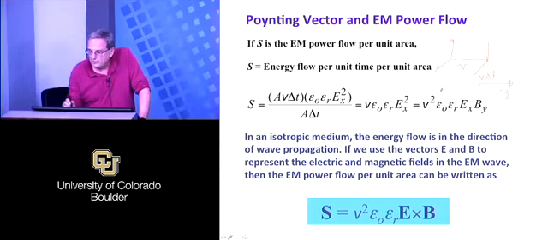So the volume would be something like the cross-sectional area times v delta t.